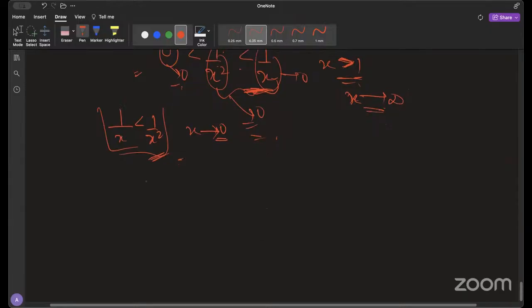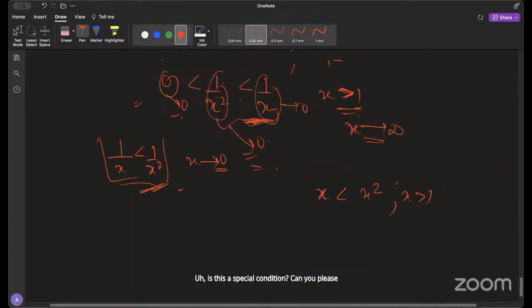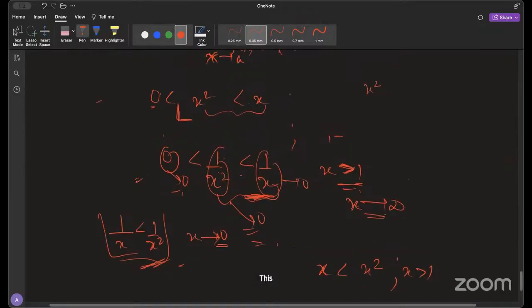Excuse me, ma'am. Yes. Ma'am, the x square should be greater than x for x greater than 1. Yes. Then, ma'am, why have you written this on the board? Is this a special condition? Can you please lower the slide? Yes, this one is for x belonging to (0, 1).